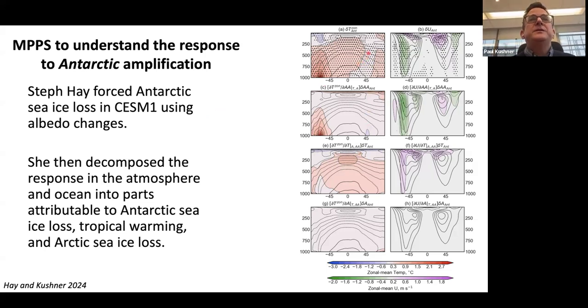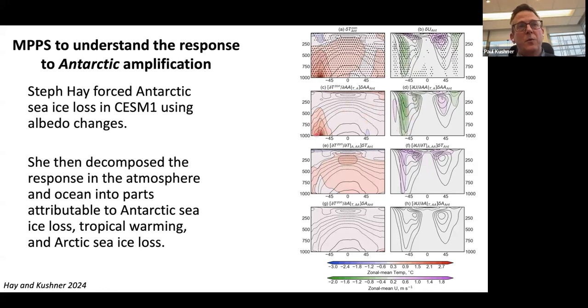So what we learned from this is the change in temperature. This is the change in zonal winds from one of these Antarctic perturbation experiments, right? So this weakening of the jet stream in the polar regions is one of the features, and there's a localized signal that's attributed with our methods to albedo darkening in the southern hemisphere, and we decompose that into a part associated with the sea ice change.